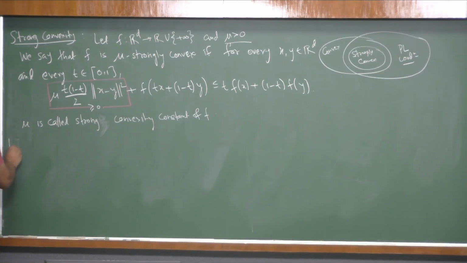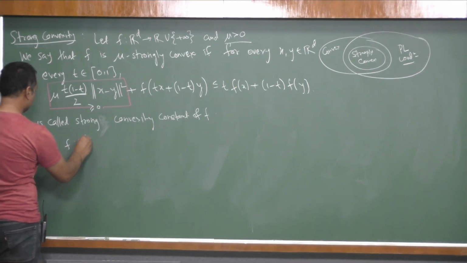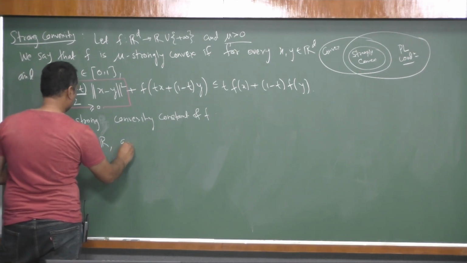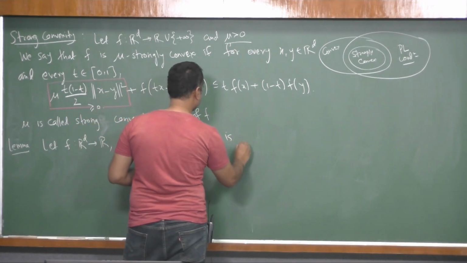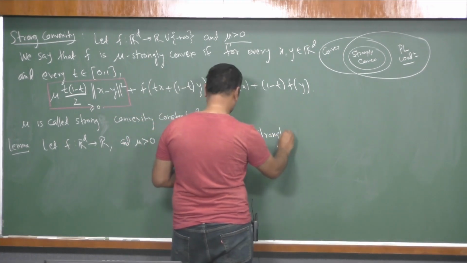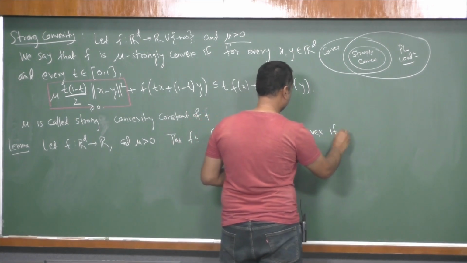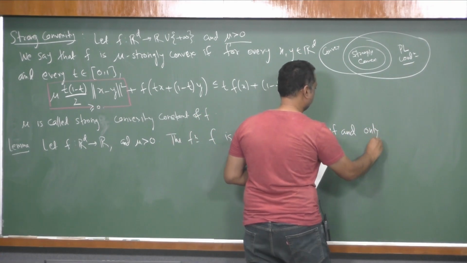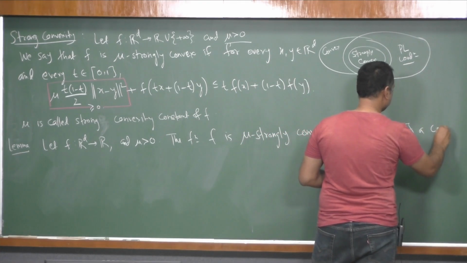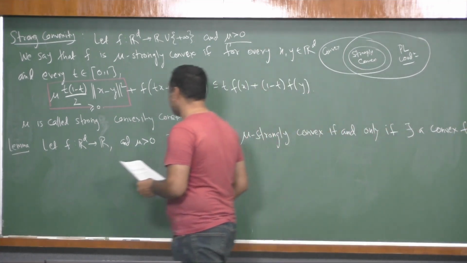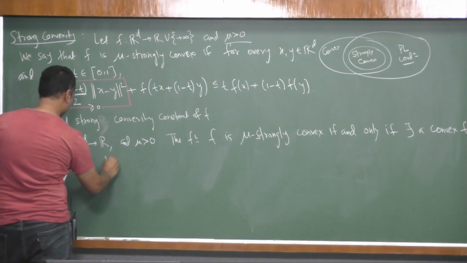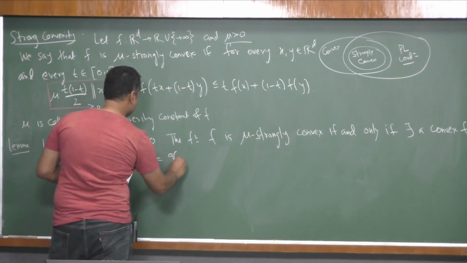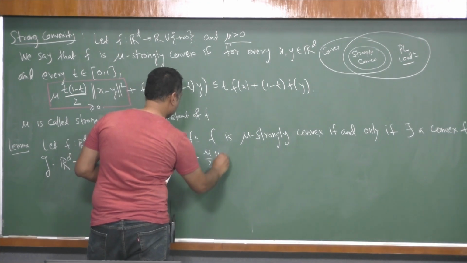So let f from Rd to R, okay, and mu greater than 0, the function f is mu strongly convex if and only if there exists a convex function g from Rd to R such that fx can be written as gx plus mu by 2 norm x square.